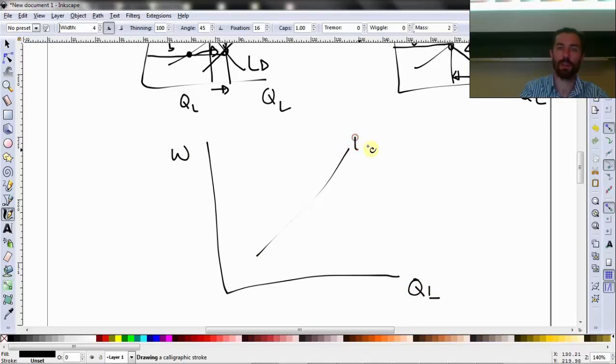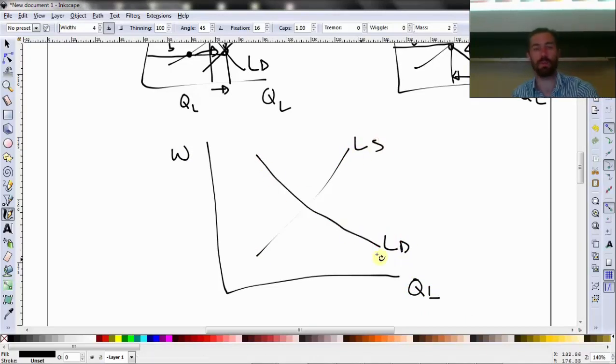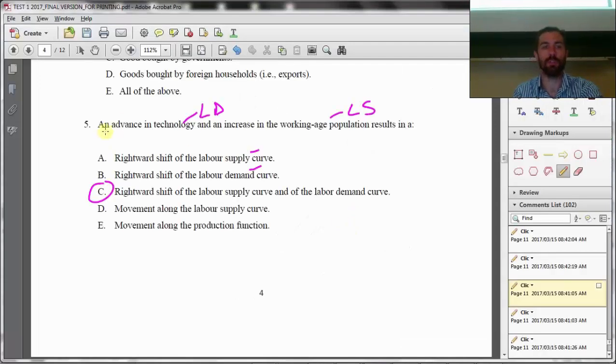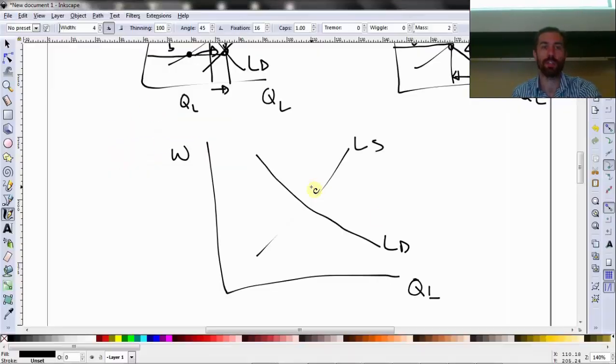So you've got the labor supply and you've got labor demand. And you're getting told, first of all, an advance in technology. Are you happy that an advance in technology is one of the factors that we've discussed, and it's in the text as well? An advance in technology increases labor productivity, and if it increases labor productivity, it shifts the labor demand curve to the right.